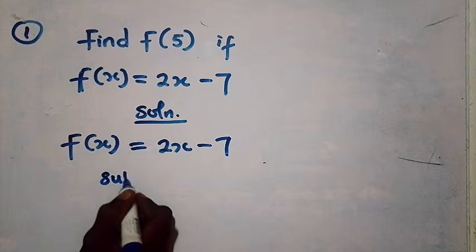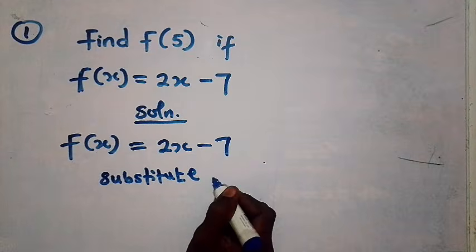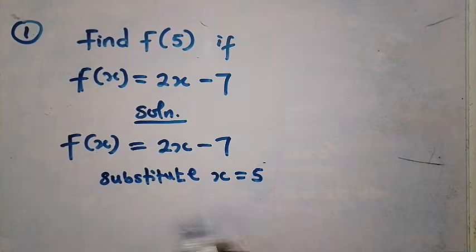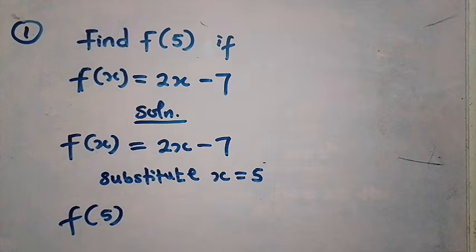Substitute x equals 5. That is, anywhere you find x in the function, just substitute 5. For the first, the function becomes f of 5 equals 2. This is another x.